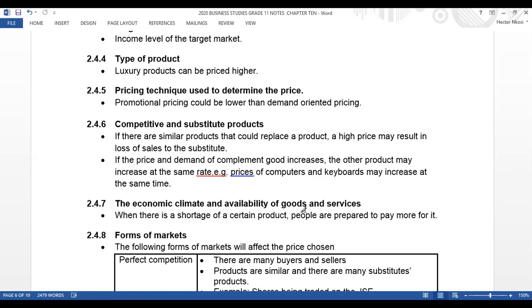And now, sometimes if such goods are not available, other people, maybe they still have those goods, they can start selling them at a higher price. For instance, alcohol is being suspended in South Africa until whenever the president decides to open alcohol again.